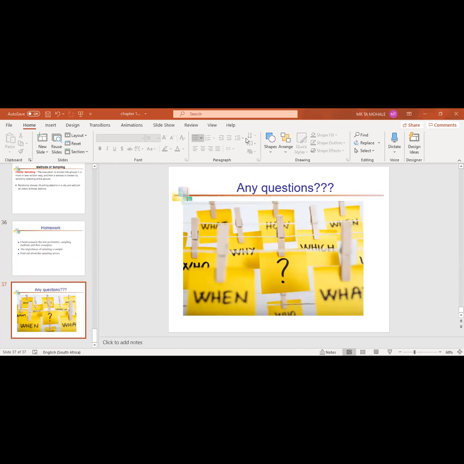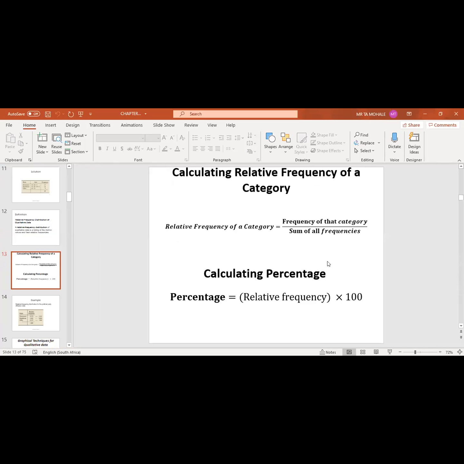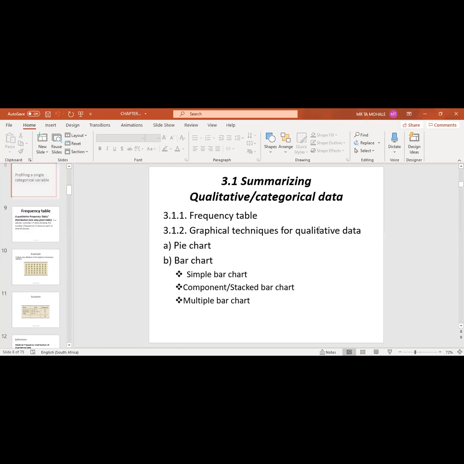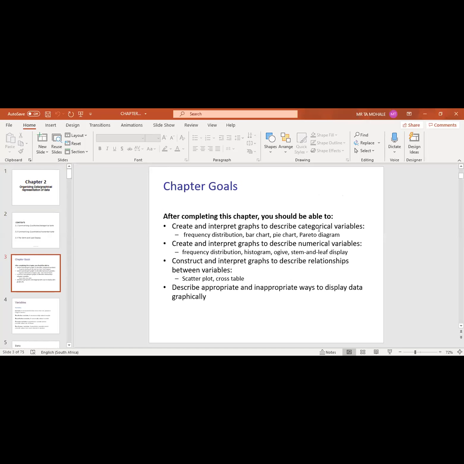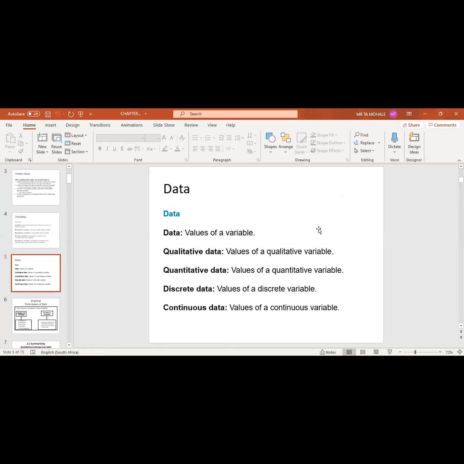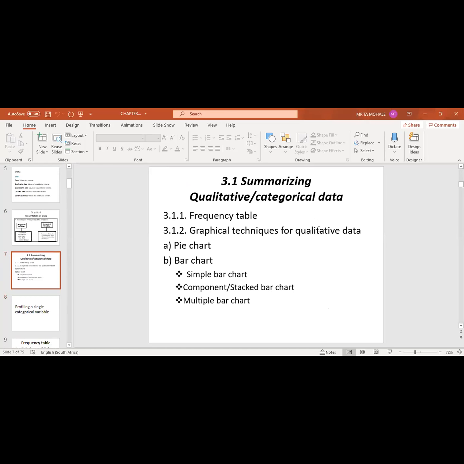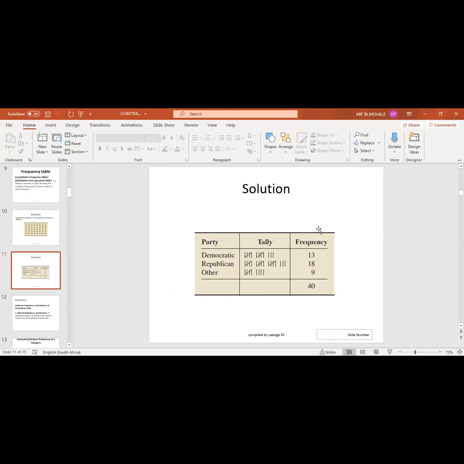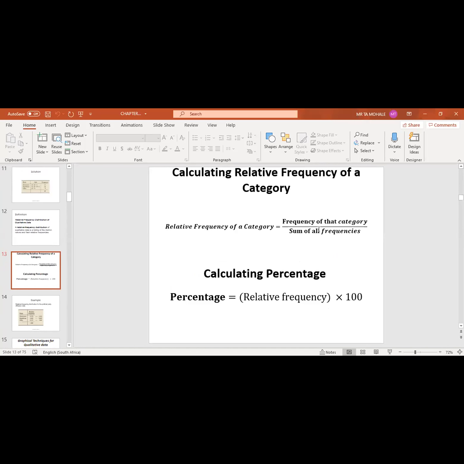What else? Chapter number 2, let me see. This one is also very simple. The graphs, you just need, I've been teaching you how to calculate relative frequency.